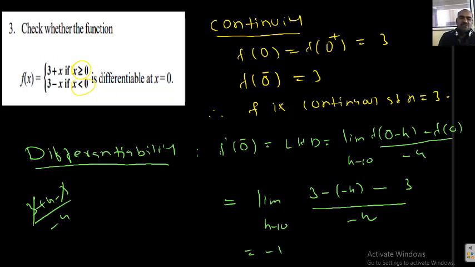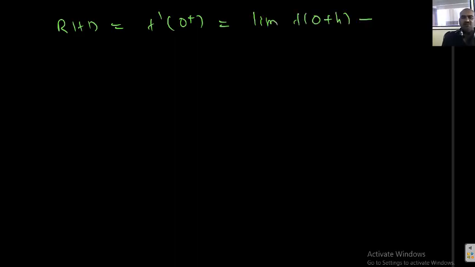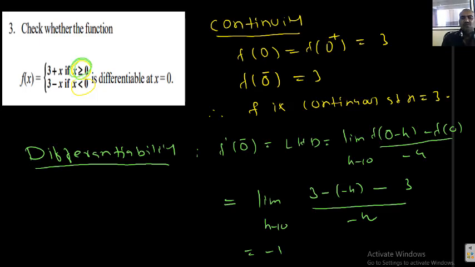Now I want to find RHD, students. RHD is called f dash of 0 plus, which is the limiting value of f of 0 plus h minus f of 0 by h, as h tends to 0. For 0 plus h we use the first rule.